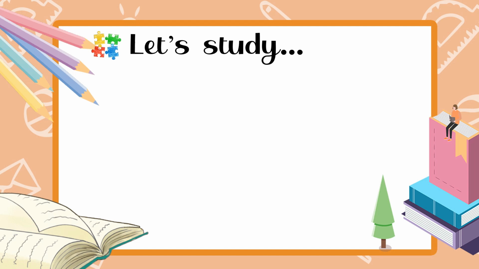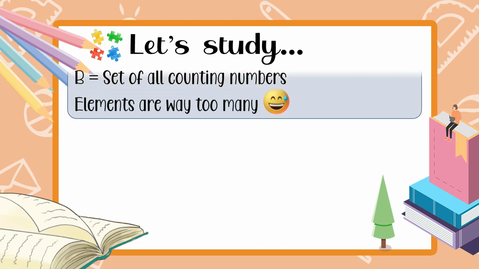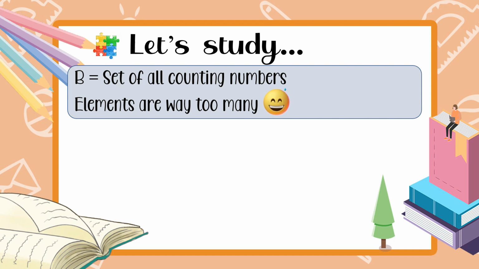Punta naman tayo sa second example natin kanina, which is set B or the set of all counting numbers. So, sabi natin kanina, the elements are way too many or sobrang daming elements. Kasi ang sabi dyan, all. So, we cannot list down all the elements. So, how are we going to write it? This way.